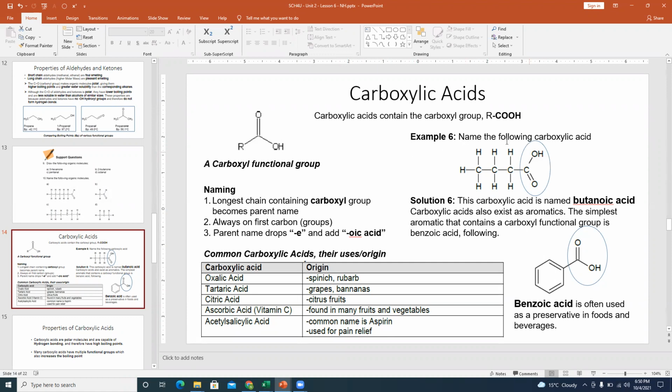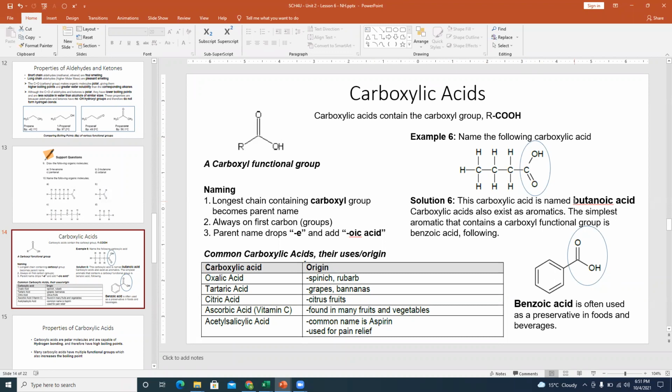Let's look at another example here. For example, we have this molecule and we recognize right away that we have a COOH. And because we have this COOH, we know that it's a carboxylic acid. And we start counting our carbons. So we have 1, 2, 3, 4 carbons.